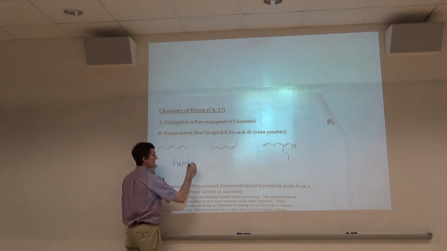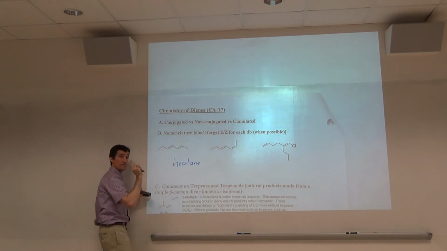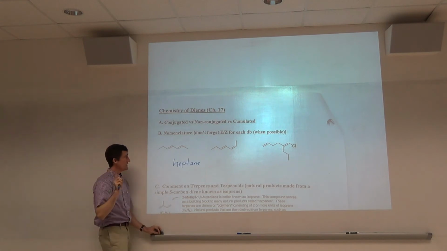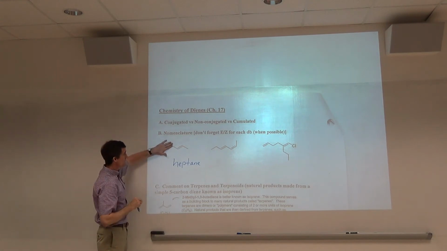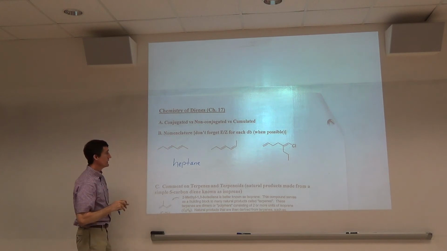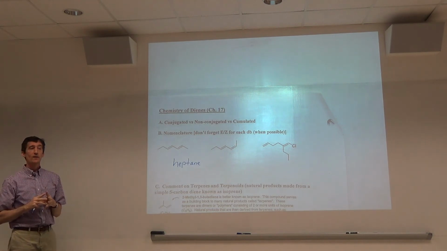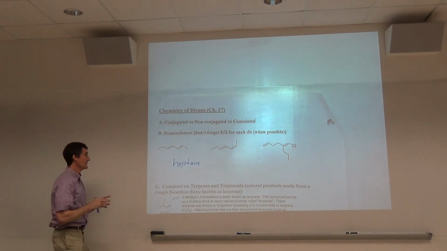If you have heptane, we've got more than just one alkene. If it was one, it'd be a heptene. Since there are two, we don't call it heptene, we call it heptadiene.